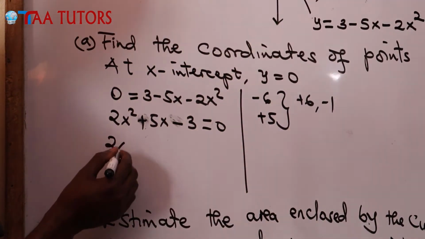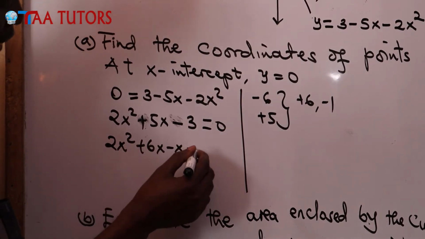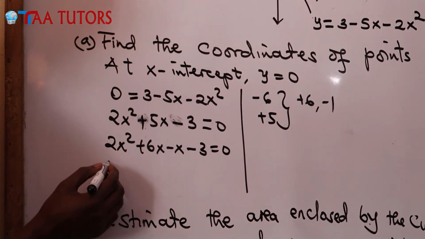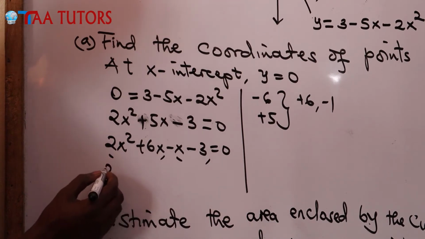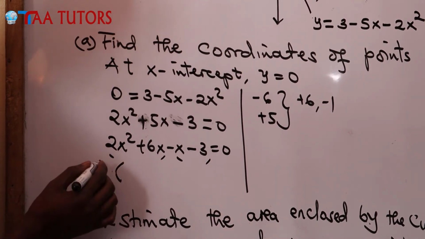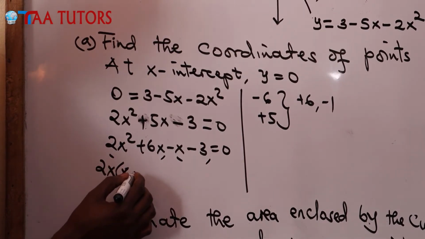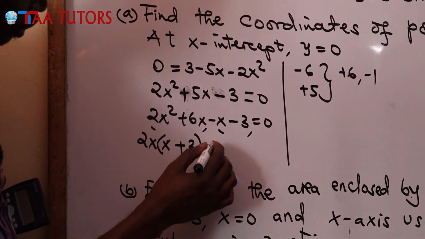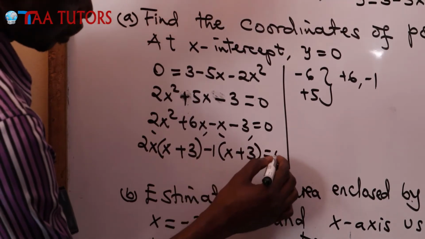So we get 2x squared plus 6x minus x minus 3 equals 0. If I factorize here, grouping these two, you get 2x into x plus 3, minus 1 into x plus 3, equals 0.